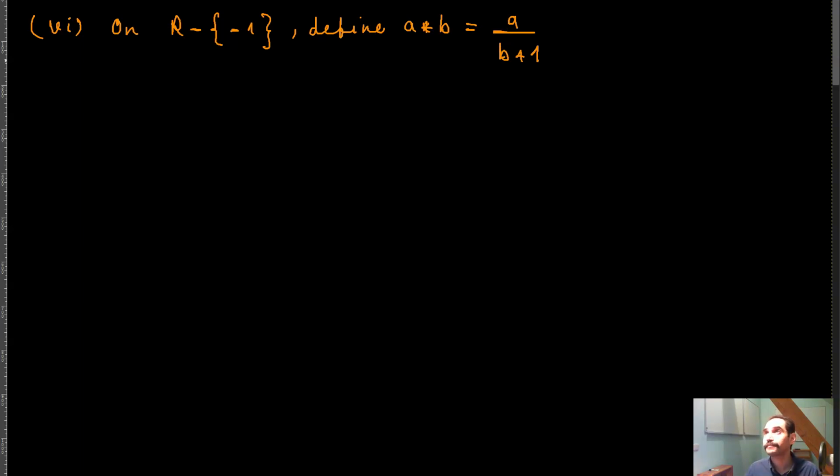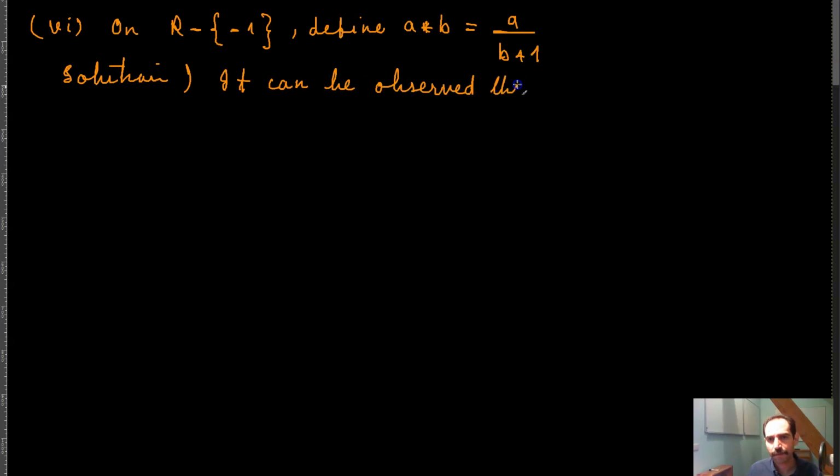So you can say that as the solution, it can be observed that 1 star 2 is the same thing as 1 over 2 plus 1, which is equal to 1/3.